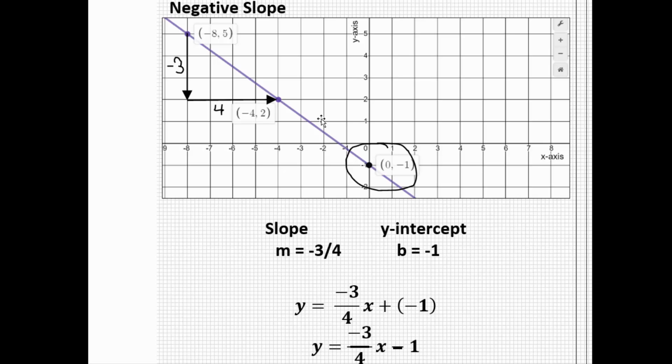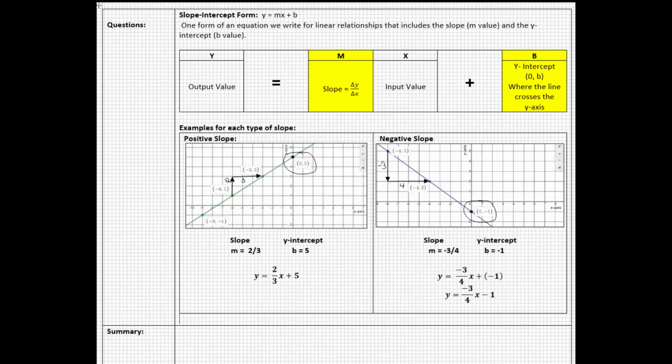So I just want you to start getting in the habit of seeing that. I myself will accept both of these answers, but this would be the most simplified form of that equation. For this line, so this line is represented by the equation y equals -3/4 x minus 1.